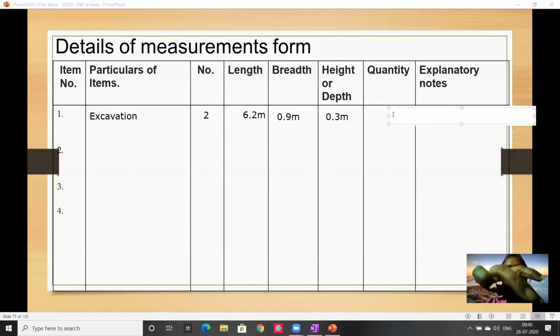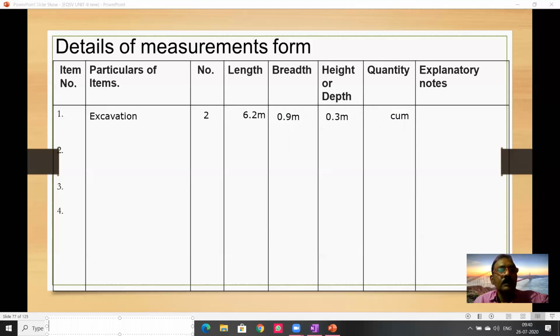Just calculate on your calculator: 2 into 6.2 into 0.9 multiplied by 0.3, since there are two numbers.